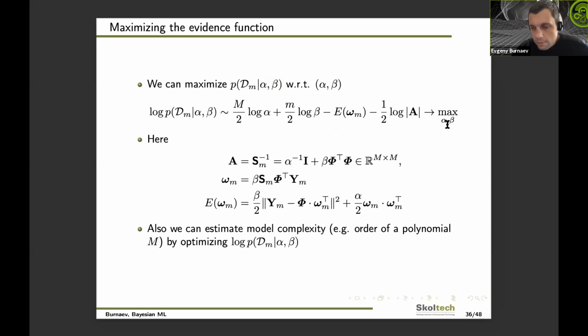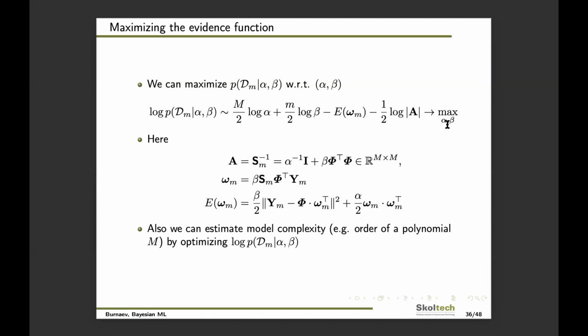In the frequentist approach, in standard machine learning, we take a validation sample and use cross-validation, and we optimize the cross-validation error with respect to unknown hyperparameters, for example the regularization coefficient, to estimate their optimal values, and then we use these values of the parameters.